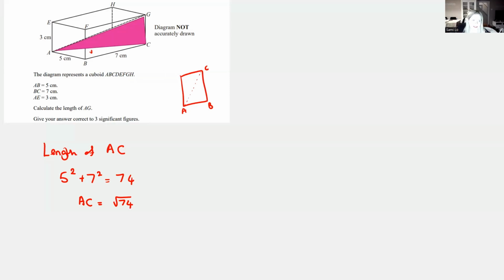So if we think that this line now is root 74, we've got the height of A and E. So it's the same on the other side, the height there. So the length of AG.